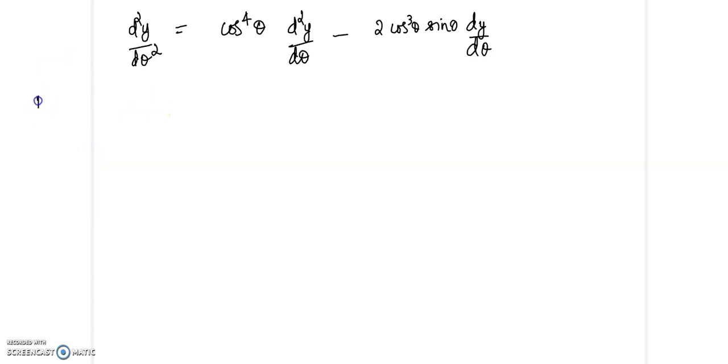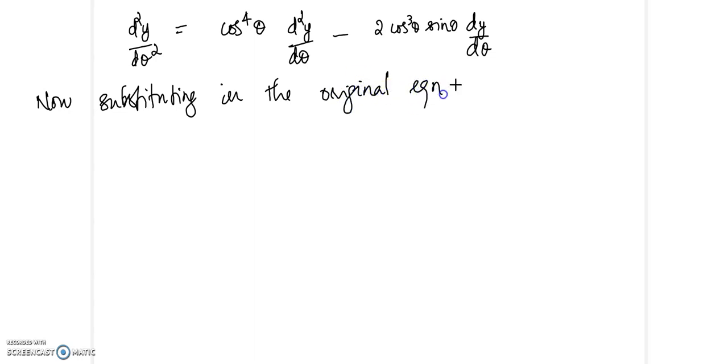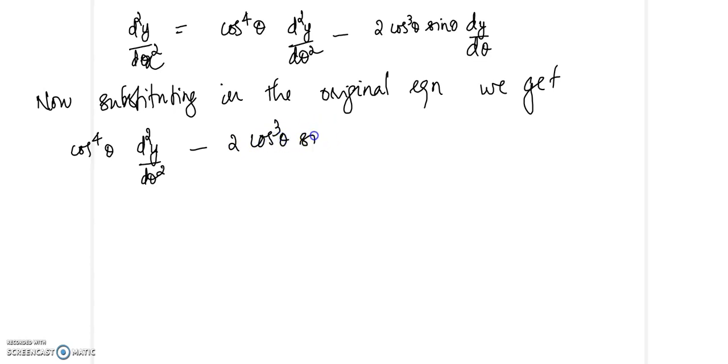So now substituting in the original equation, we will get, for d square y by dx square, cos raised to 4 theta d square y by d theta square minus 2 cos cube theta sin theta into dy by d theta.